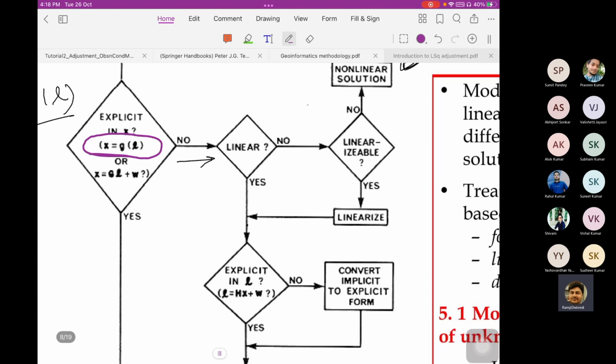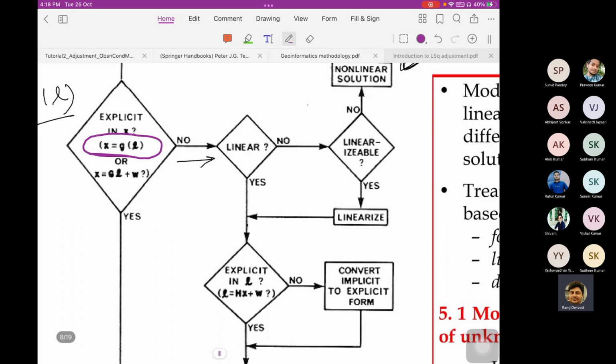Now you will say, what function is there where X is given directly as a function of L? You have solved such a function. Please remember, I asked you to solve for H given the slope distance D and a vertical angle alpha.